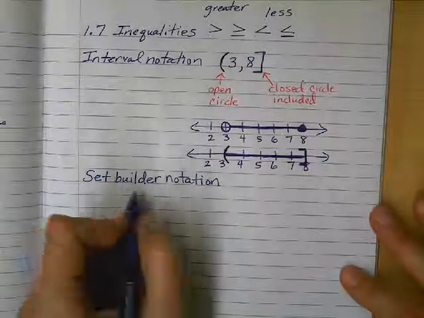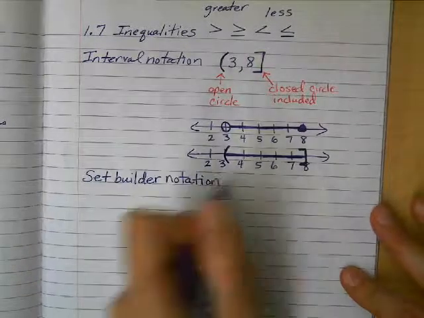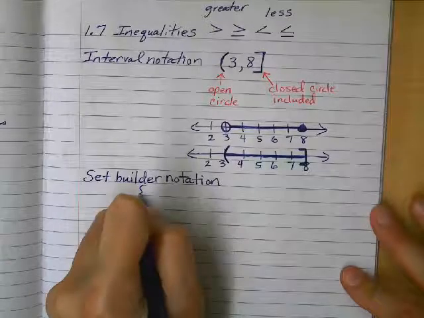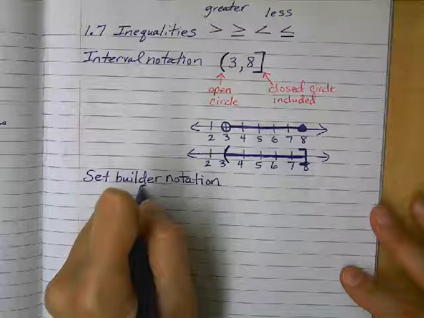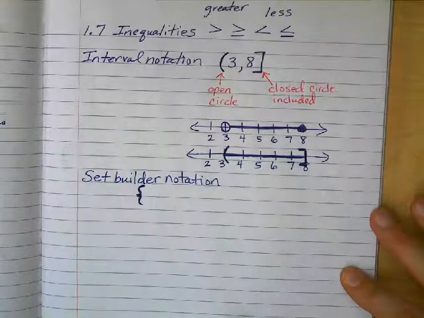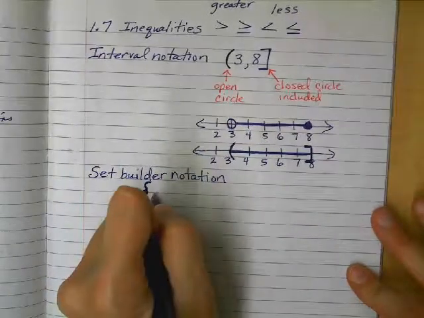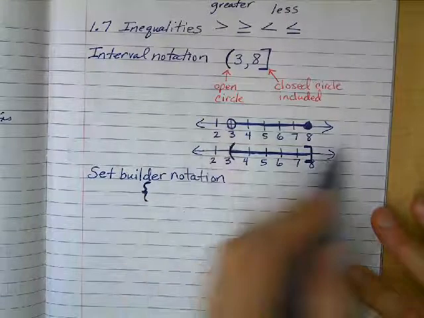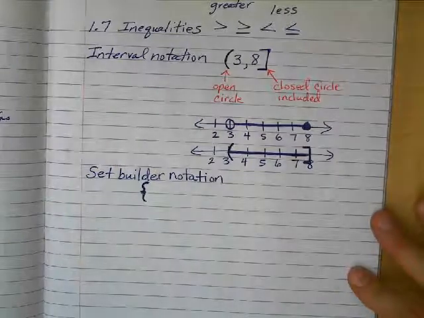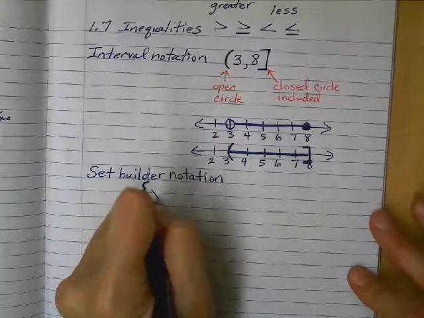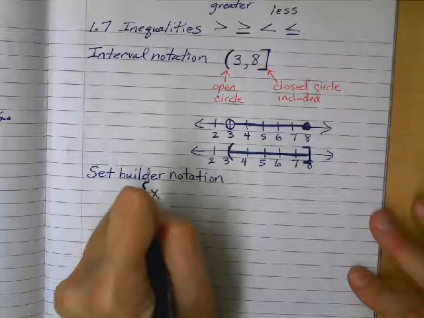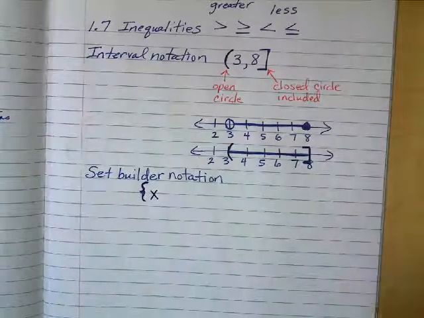Set builder notation uses what they call braces, these squiggly braces around it. And we're graphing on the x-axis, on the number line, where you use the x variable a lot. So you just say we're working on the variable x. It starts off like this.